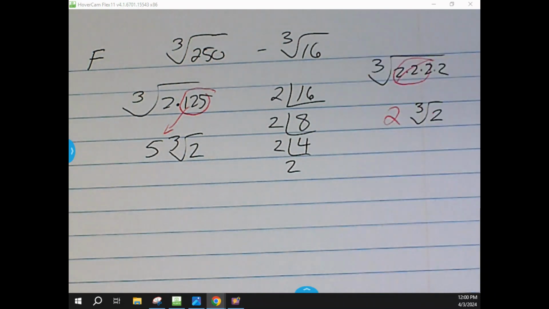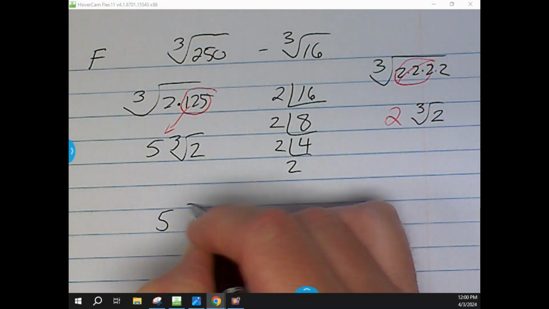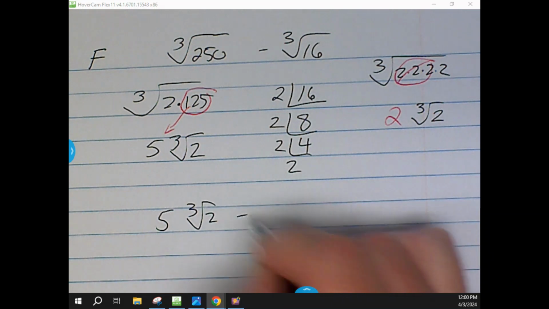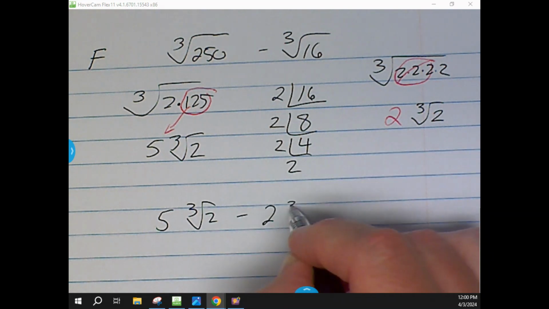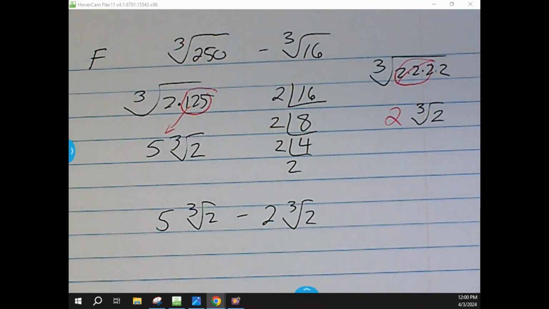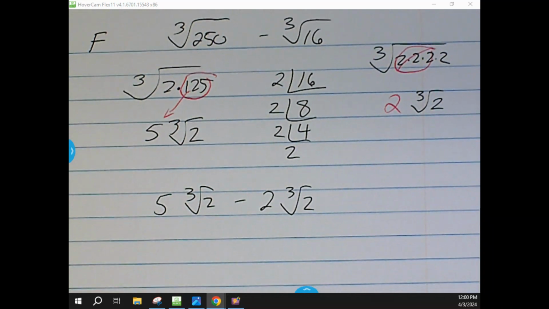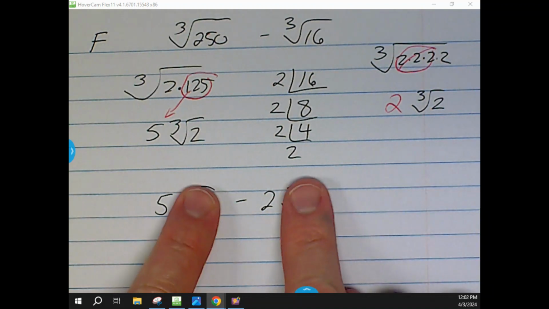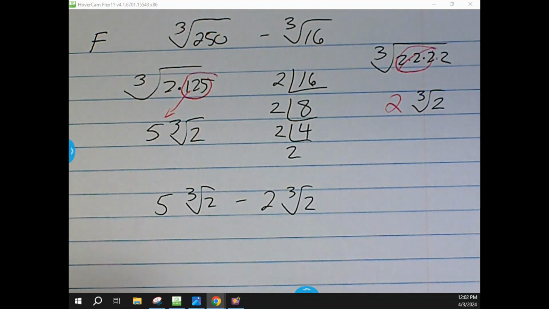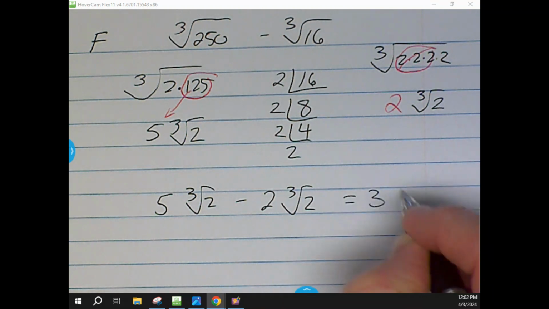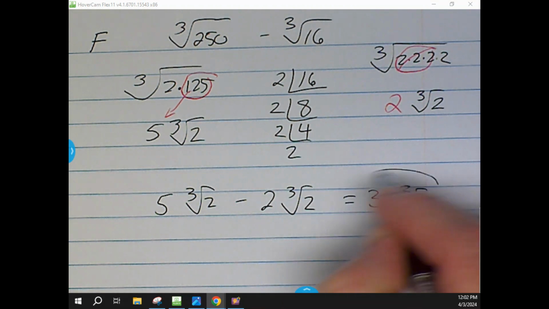So really, this thing is 5 on the third root of 2 minus 2 on the third root of 2. Okay, so now you've got 5 minus 2. So that's 3 on the third root of 2.